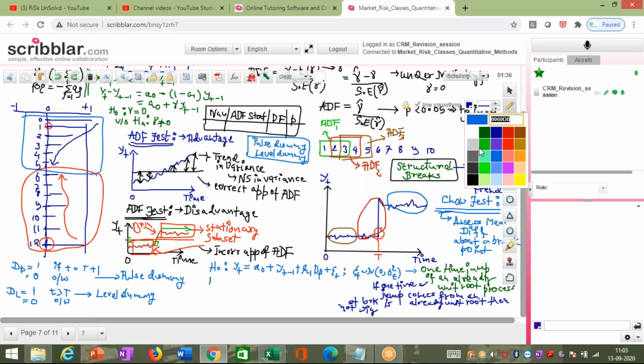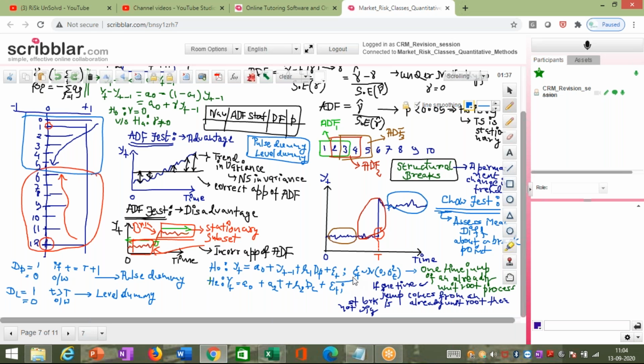Now, corresponding to this, you have the alternate hypothesis. So the alternate hypothesis over here is YT equals A0 plus A1 T. So this is a trend stationary process, plus mu2 DL plus ET.